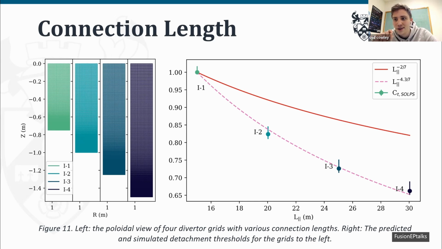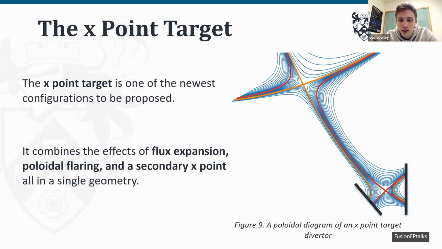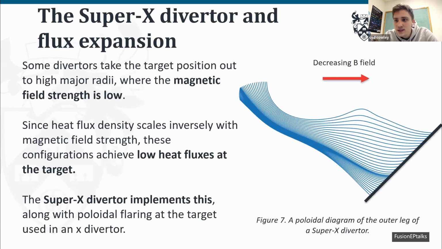Another thing I haven't talked about is the cost or difficulty of implementing these. So when it comes to things like your Super-X divertor and total flux expansion, these are generally expensive things to do, because when you're trying to implement a Super-X divertor, you need more space. You need physically more space in your machine to implement something that goes out to a high major radius, right?